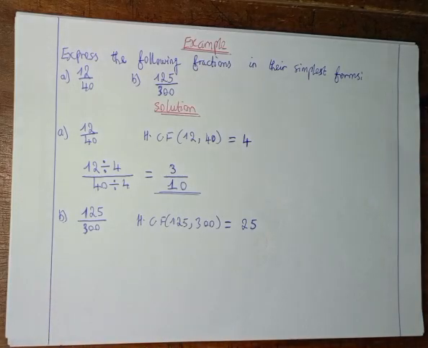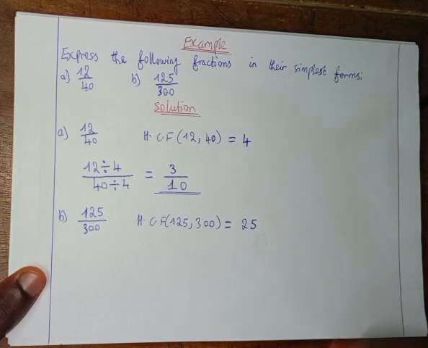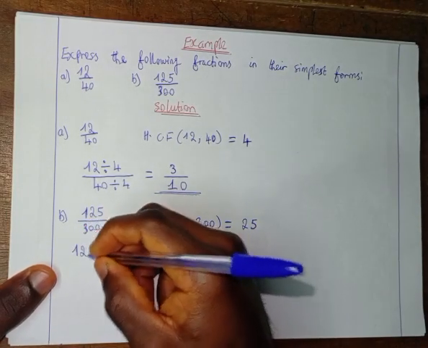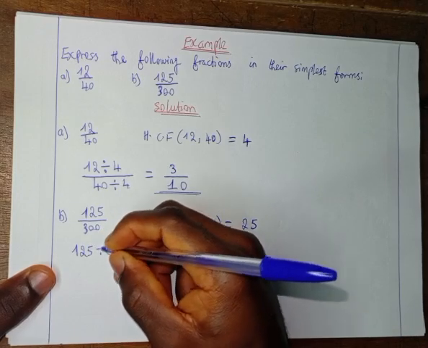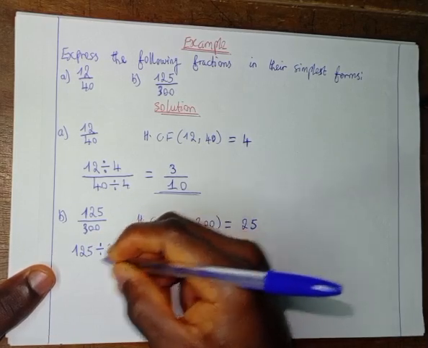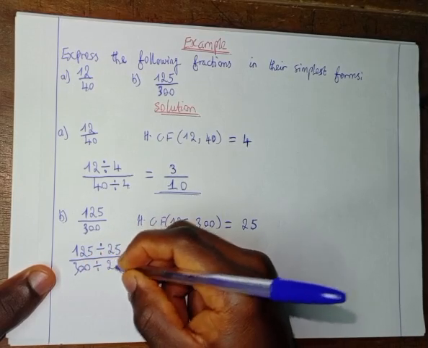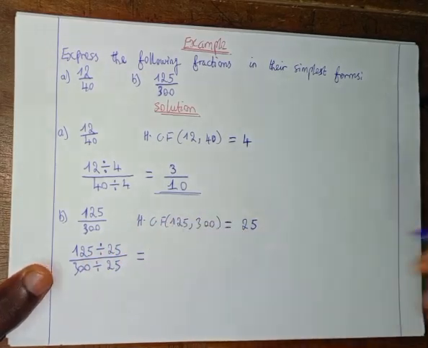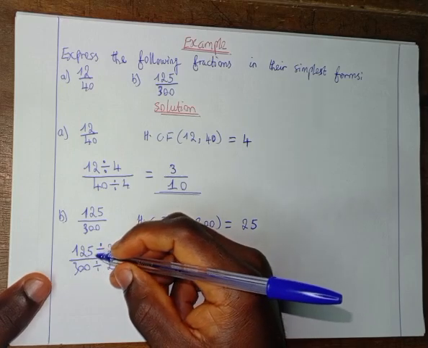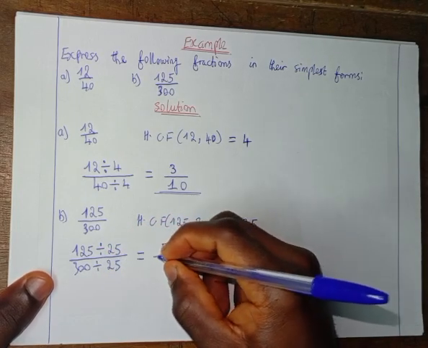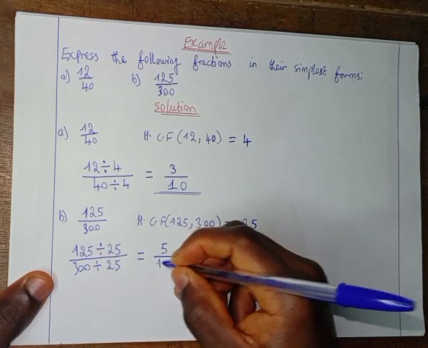If we apply the methods of prime factorization, we saw all this under topic 6, number patterns, we divide both the numerator and the denominator by 25. 125 divided by 25 gives 5, and 300 divided by 25 gives 12.